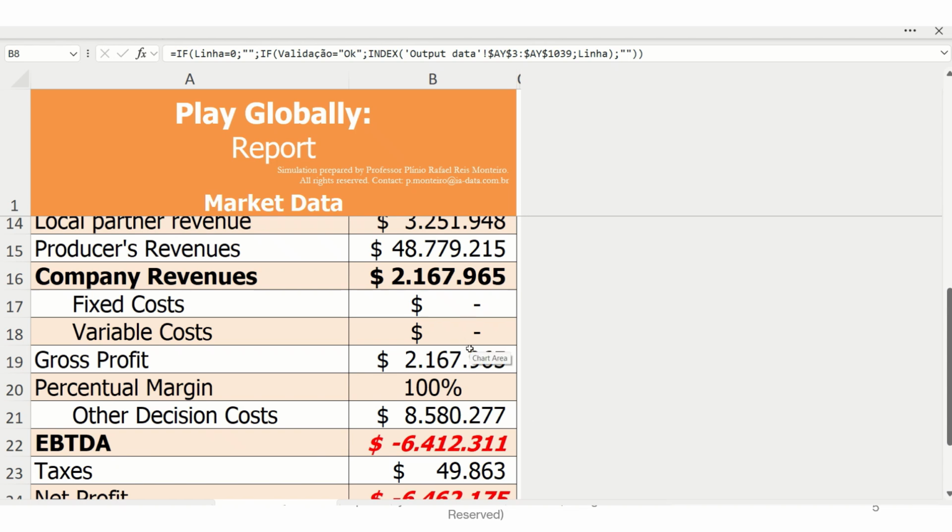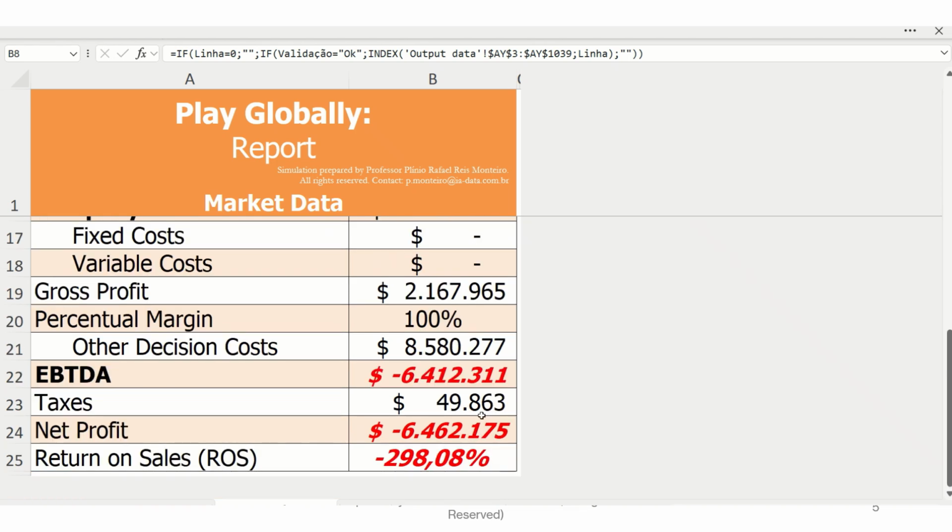When you subtract these other decisions from the gross profit, we have the EBITDA, the operational profit. We also need to pay taxes in the home country, and subtracting the taxes from the EBITDA, I have my net profit. This net profit represents a return on sales of minus 300% in my case.